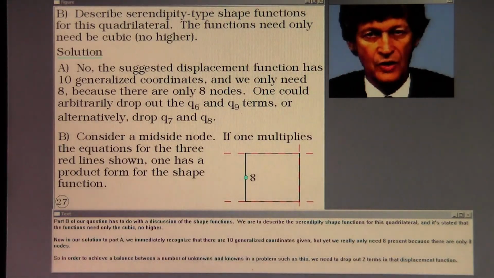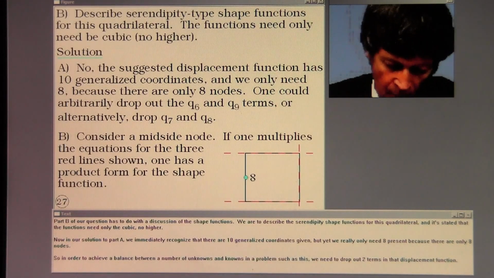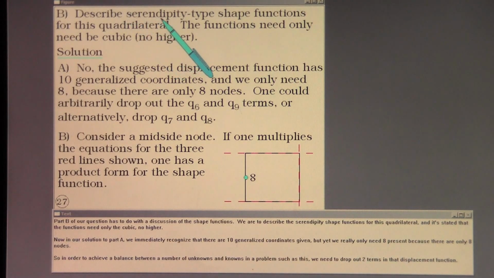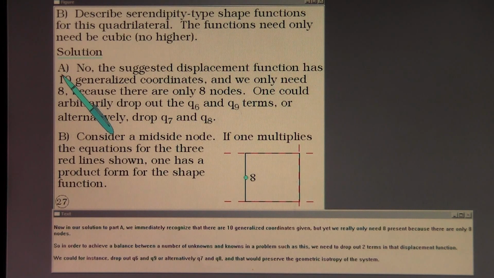Part B of our question has to do with a discussion of the shape functions. We're to describe the serendipity shape functions for this quadrilateral. And it's stated that the functions need only be cubic, no higher. Now, in our solution to part A, we immediately recognize that there are 10 generalized coordinates given, but yet we really only need 8 present because there are only 8 nodes.